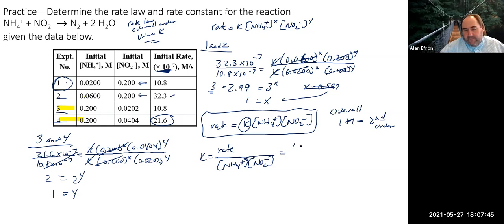Putting the information for the first one in, this is really where it's important that you do the minus 7, otherwise you will definitely be off. Divided by our 0.02 molar and our 0.2 molar.